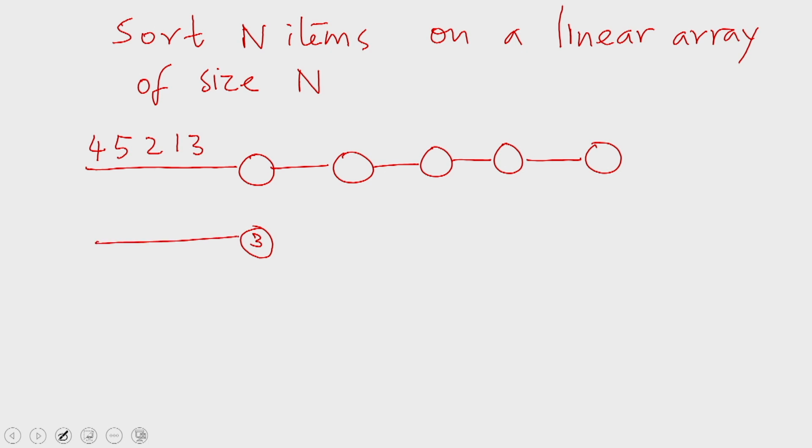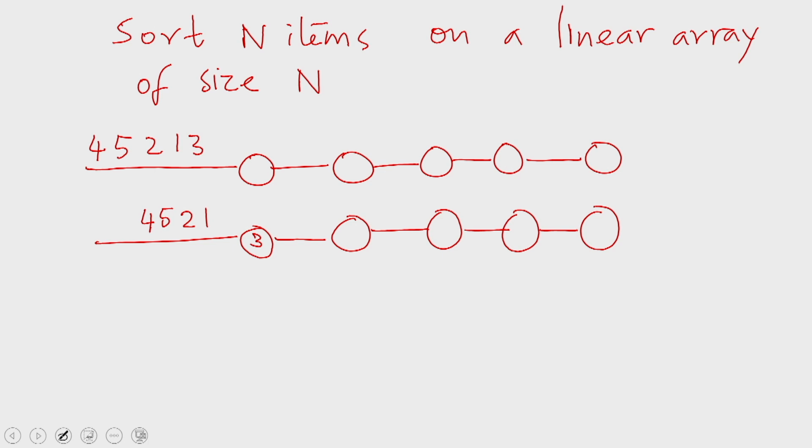So now the remaining inputs are 4, 5, 2 and 1 to be coming in the future clock cycles. This machine has no output to generate, and the contents of the other processors are empty.